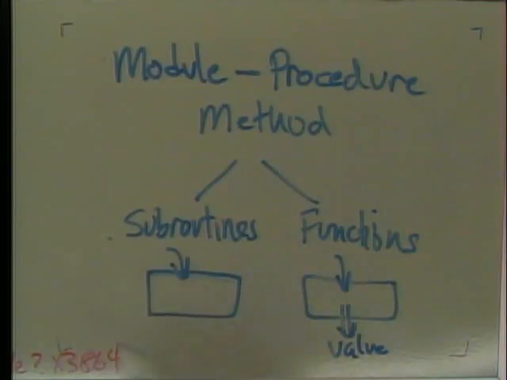So when you call a subroutine, you may or may not feed it things. It just does what it's got to do, and it finishes. The function always spits back a value for you. So if you think about a box, you turn the crank, out pops the answer. That would be a function. A subroutine, you just tell it to do its job, it goes away and does it, and you never hear from it after that.